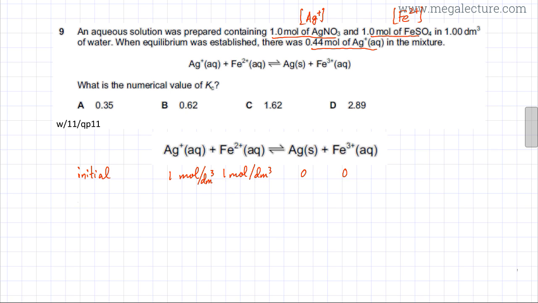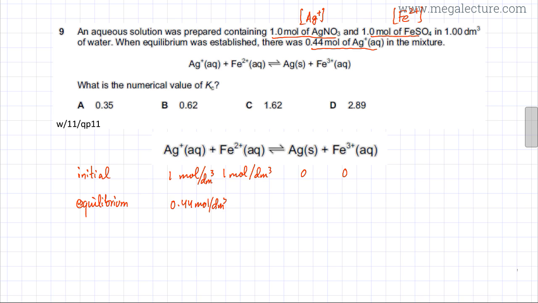And once equilibrium was reached, so at equilibrium, what's given is that there was only 0.44 moles of silver ions present. So at equilibrium, you're left with 0.44 moles per dm³, because by default it's a 1 dm³ solution, of silver ions left in the solution.